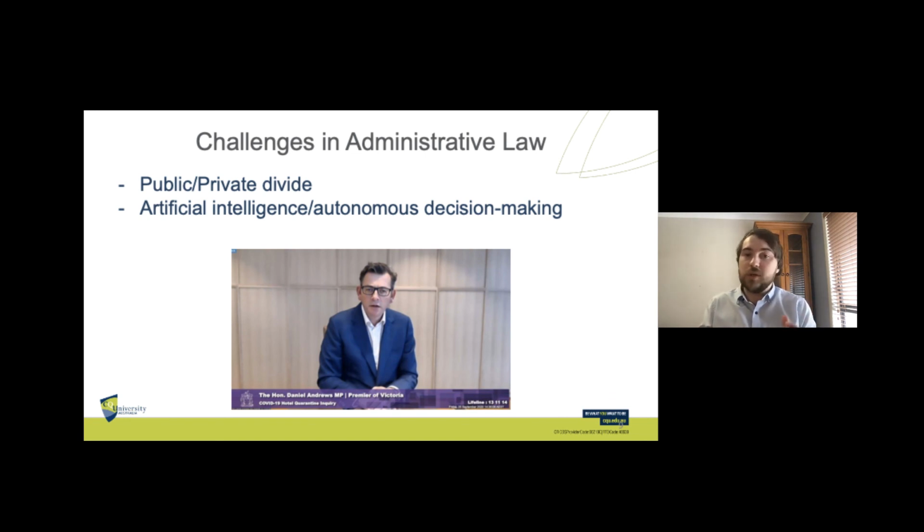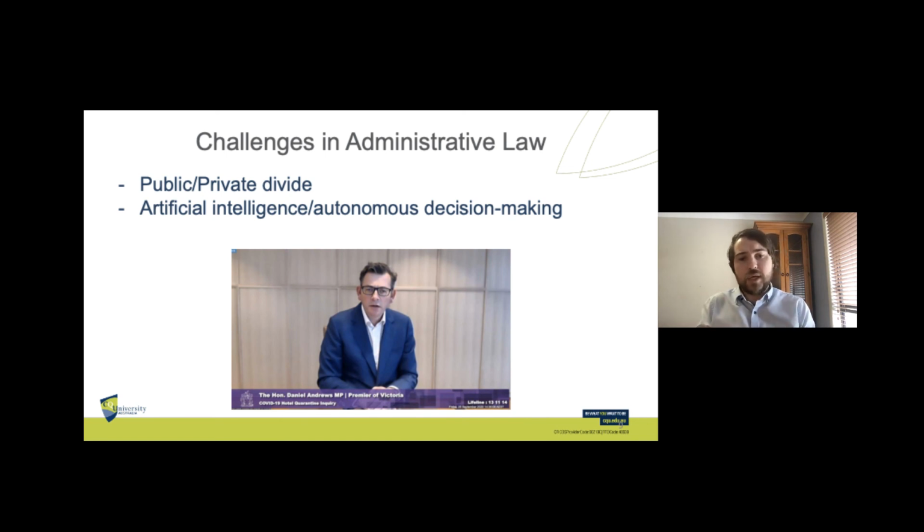We can't hold a computer to account in the way that we can a human. And so moving forward into the future, this is going to be a really critical area of administrative law. How do we integrate the good elements of artificial intelligence into government decision making while still maintaining those key principles that we talked about earlier about good administration, administrative justice, and things like that?